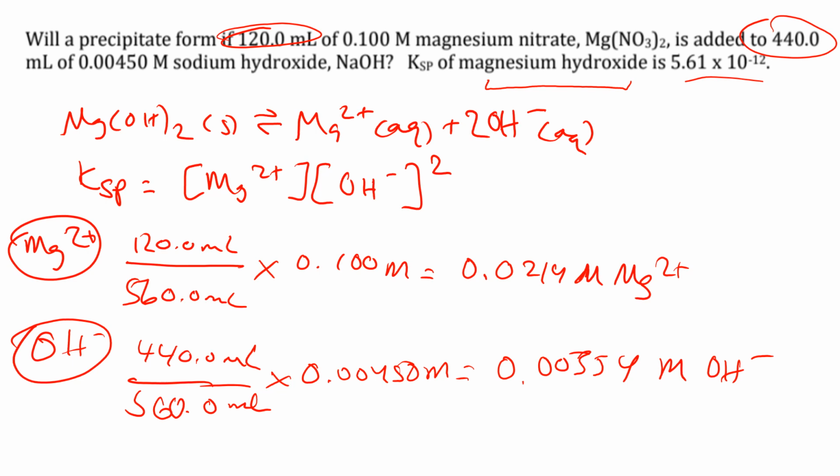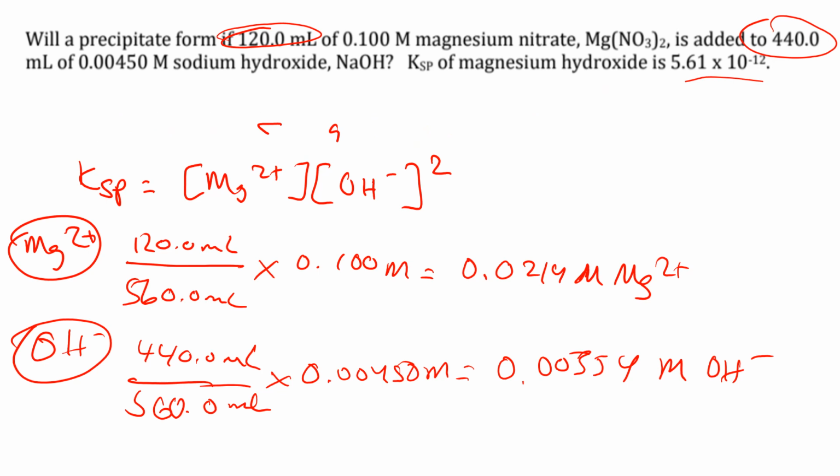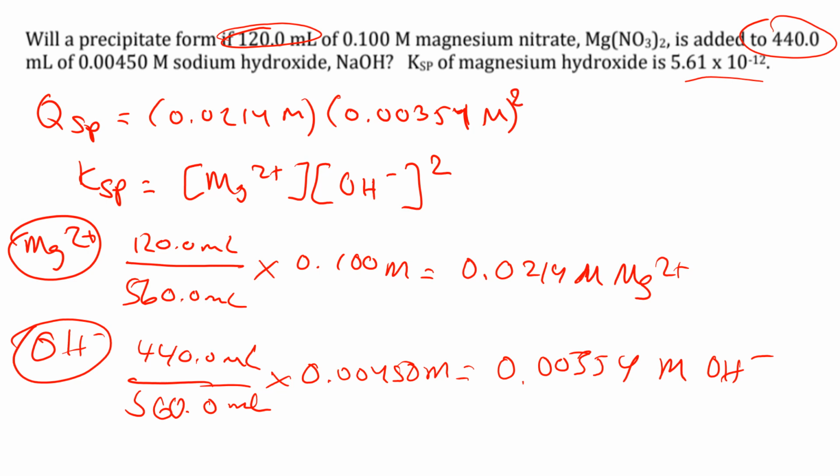So Qsp equals 0.0214 molar times 0.00354 molar squared. I do my math, and it's going to equal 2.68 times 10 to the negative 7.